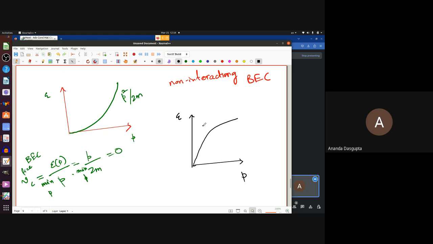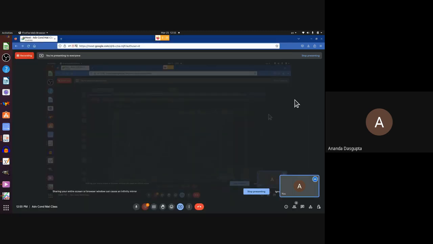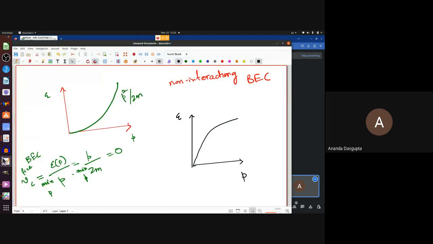You must have studied all of this, right? Lattice vibrations and all that. Phonons, lattice vibrations, you have done this in condensed matter, right? Yes? You've done this, right?